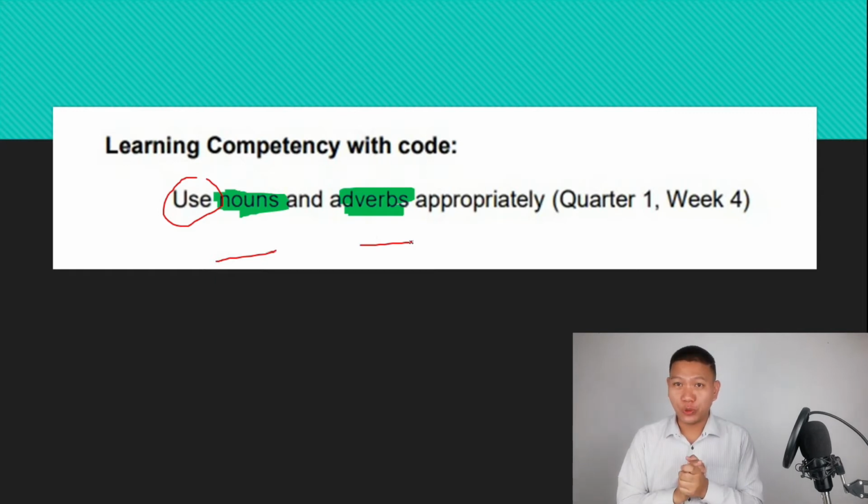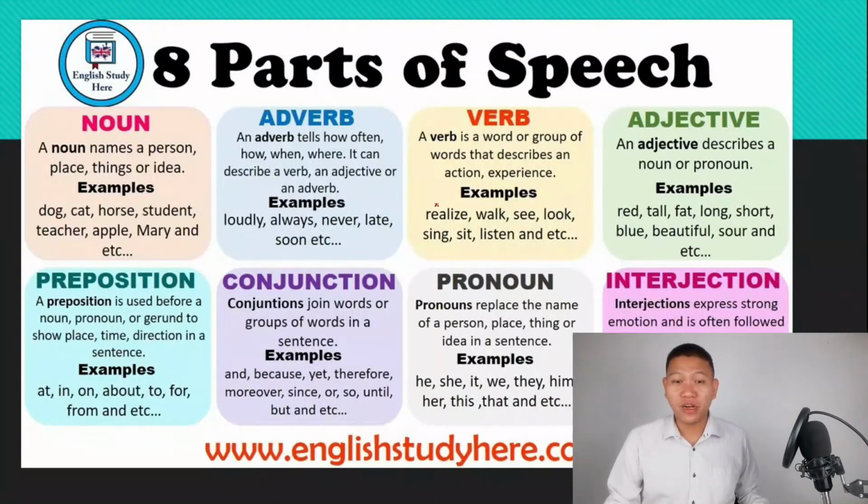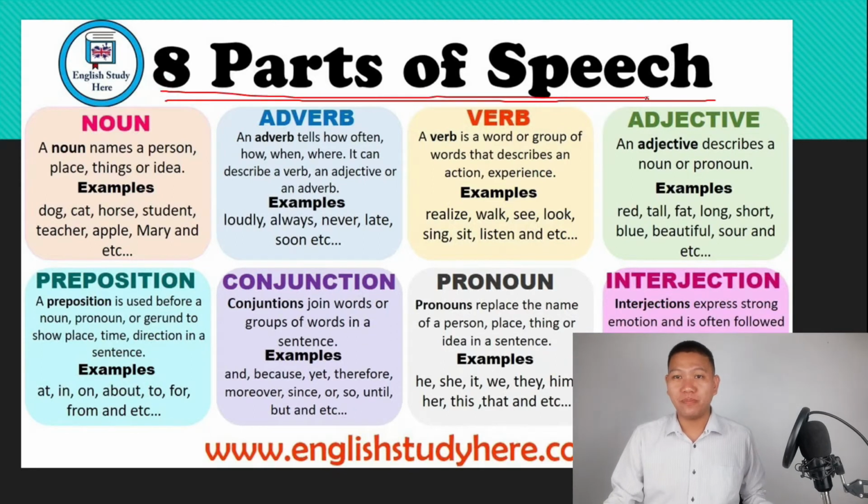I am pretty sure that these two words do not sound new to you, since surely you have encountered them during your elementary English days. Now, just a sort of review. Nouns and adverbs are parts of what they call the 8 parts of speech. What are these 8 parts of speech?